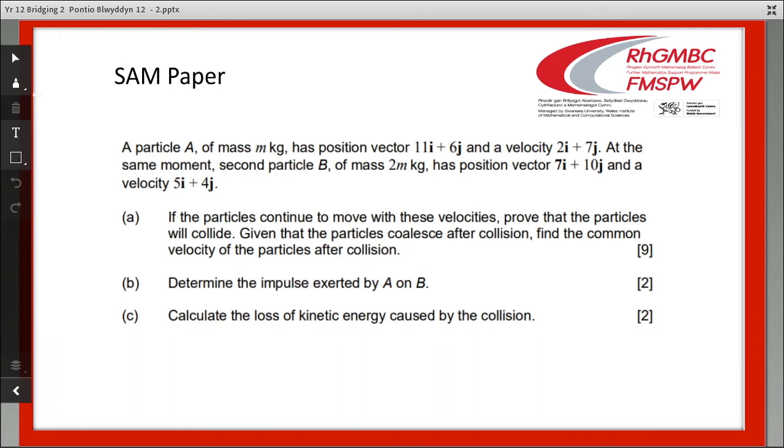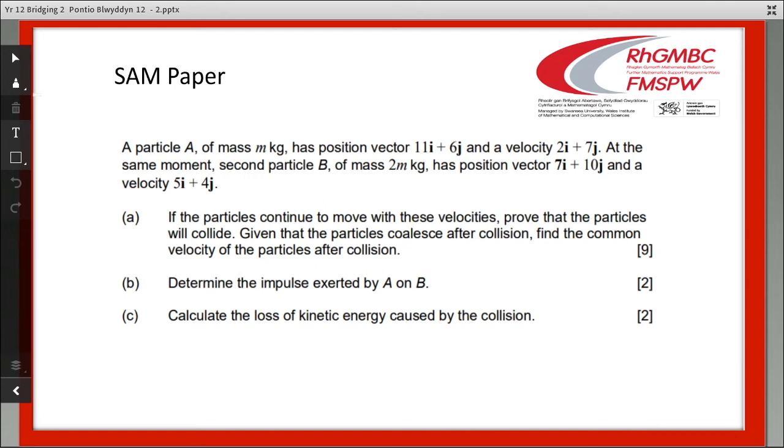Now, it says to prove that the particles will collide, and then it tells you that the particles will coalesce after collision. Find the common velocity of the particles after collision. That's the big part of this question, that we've got to show that they collide and then find the common velocity.